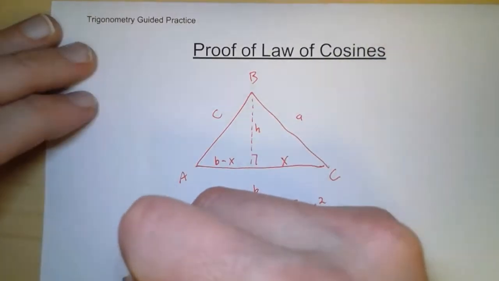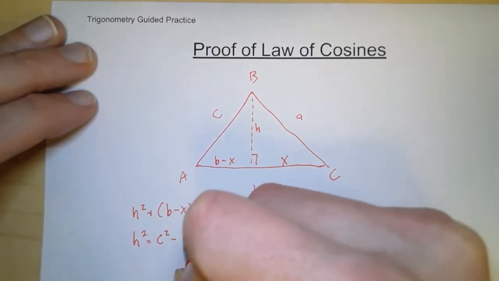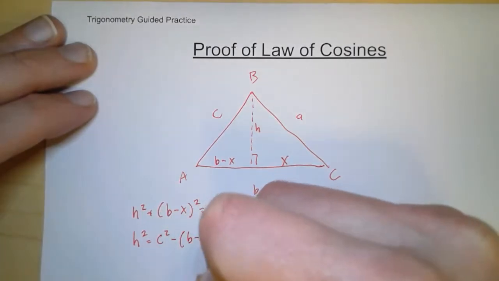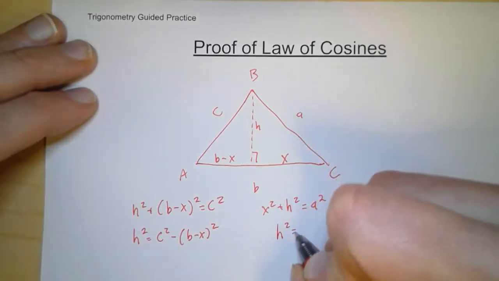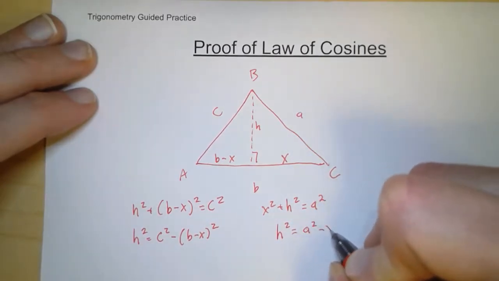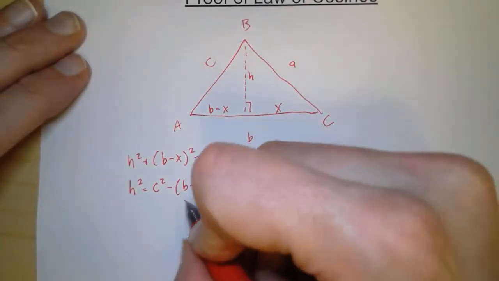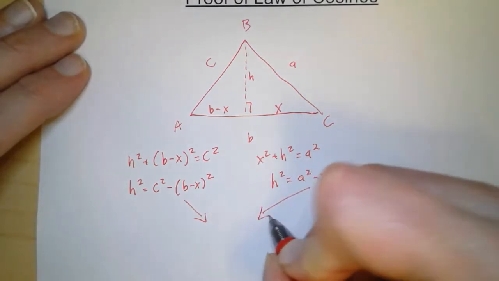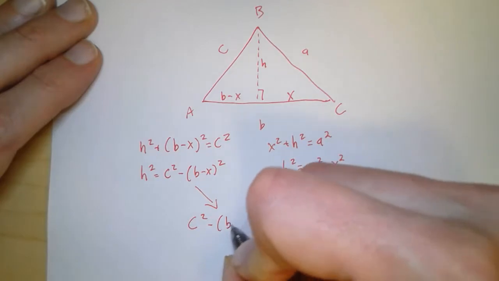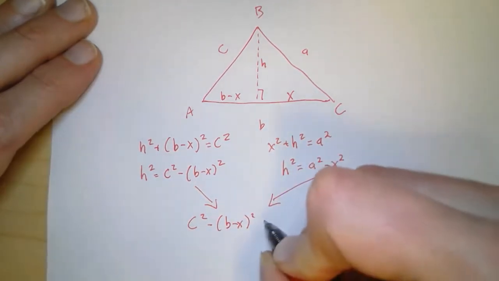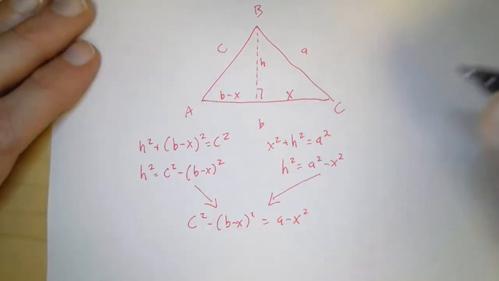So over here on the left, h squared is going to equal c squared minus the quantity (b minus x) squared. Over here, h squared is going to equal a squared minus x squared. Now, since they're both equal to h squared, now we can put them together. So we have c squared minus (b minus x) squared equals a squared minus x squared.